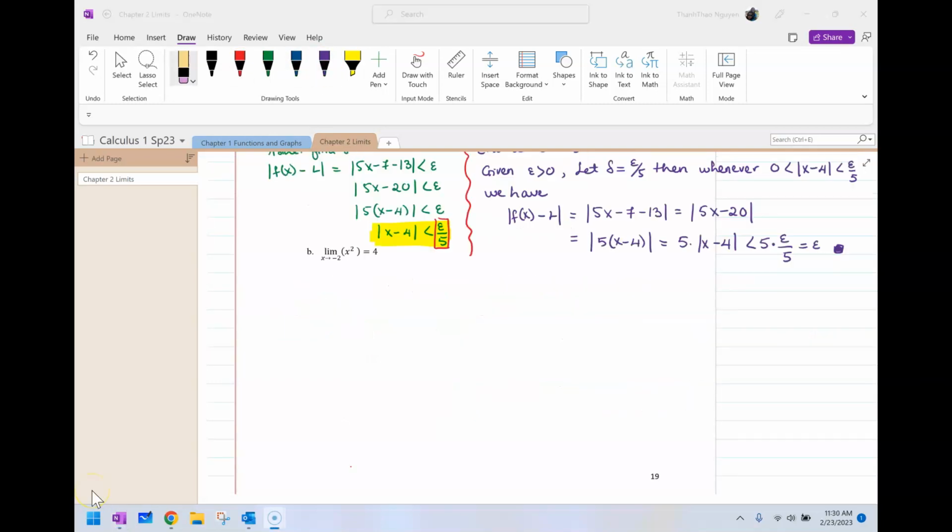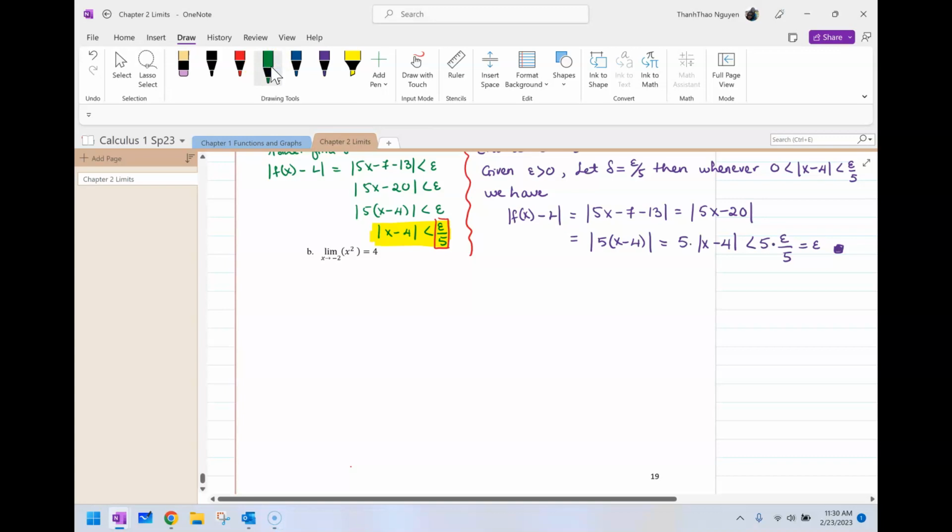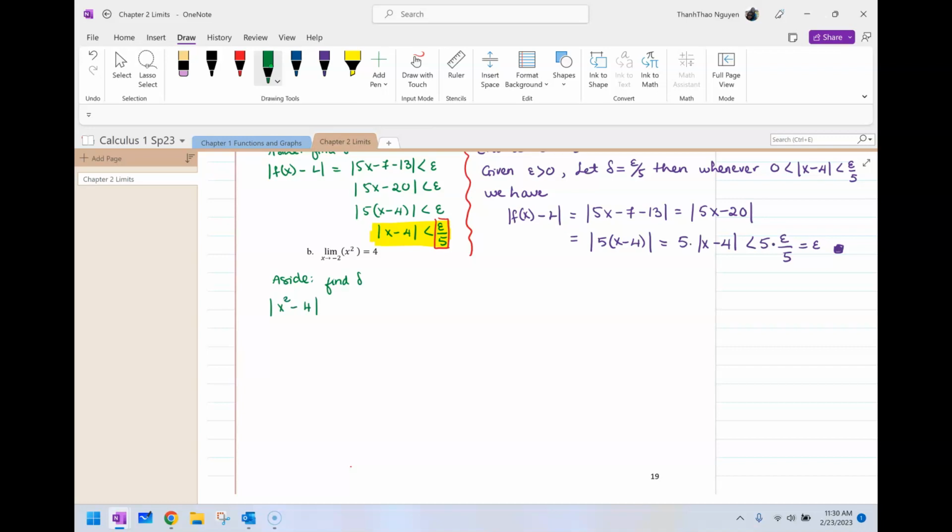Here we want to show that the limit as x approaches negative 2 of x squared equals 4. So again, first we need to find the delta that would work. We want to find delta so that |f(x) − L| is less than epsilon.